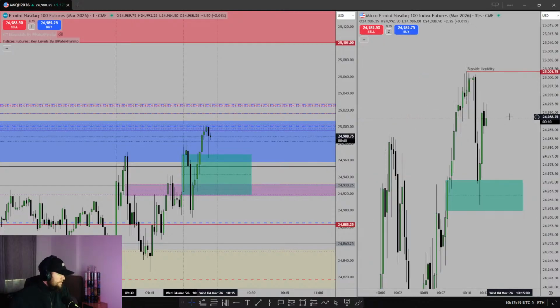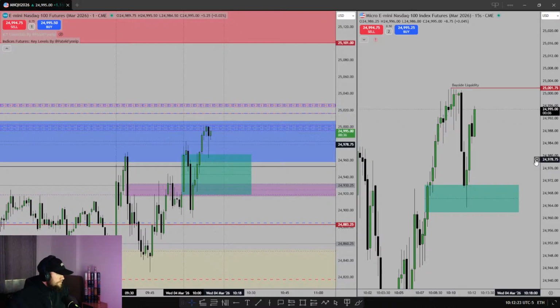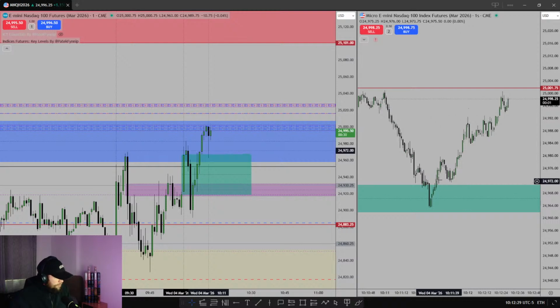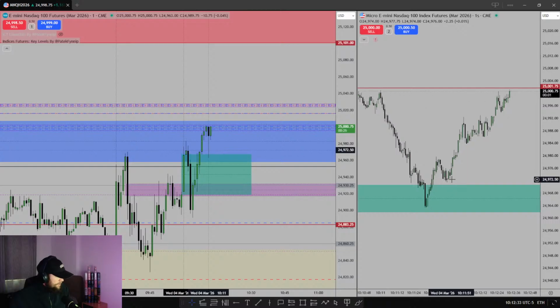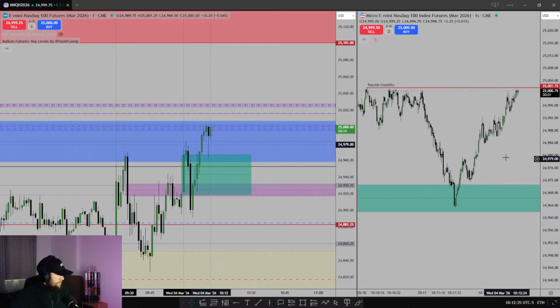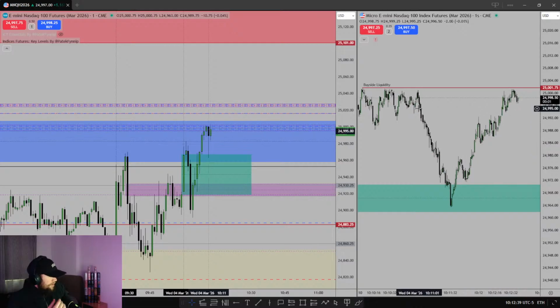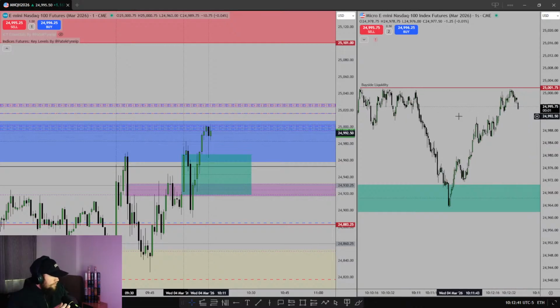If there would be a busy that was more clean for my eyes, I would have immediately entered here. But see how scaling down to the seconds time frame is also very nice.